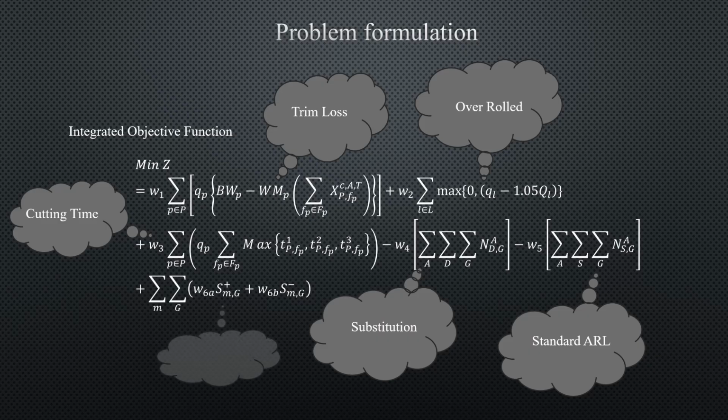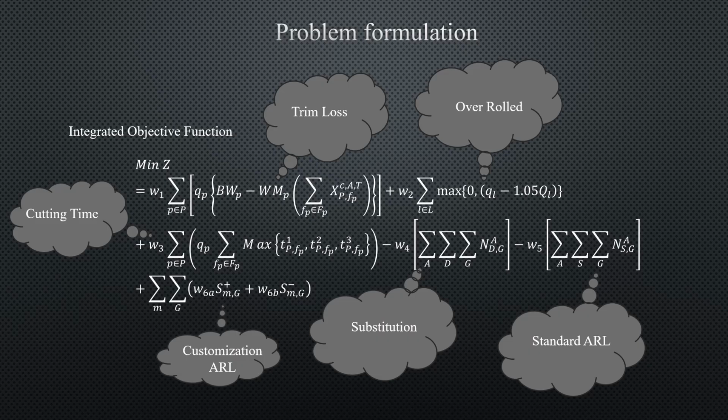And the last term is the customized ARL. This refers to the total length of newly adjusted ARL length, which can deviate either longer or shorter than the standard baseline, providing they remain within acceptable operational tolerance.